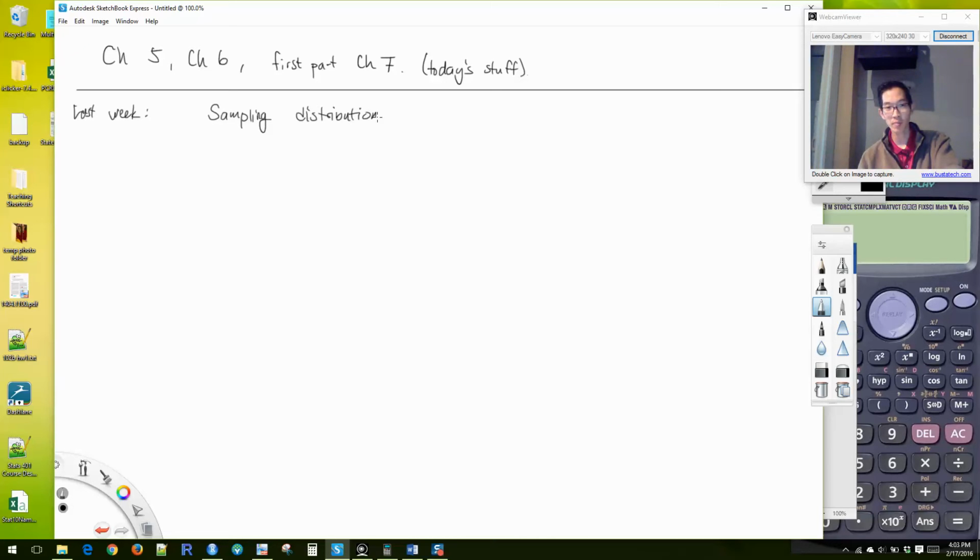In particular, we learned about the sampling distribution of p hat. The idea is, there is some population with a proportion p of things with a certain trait.